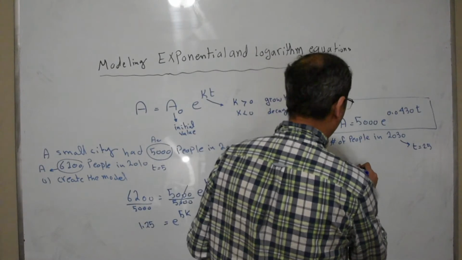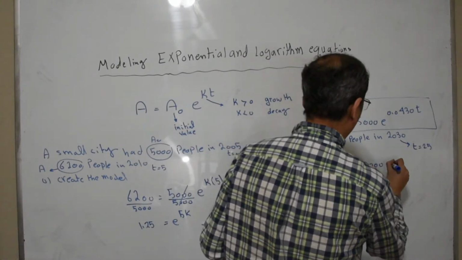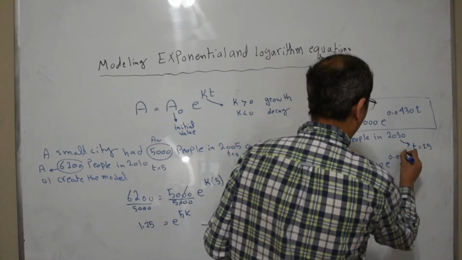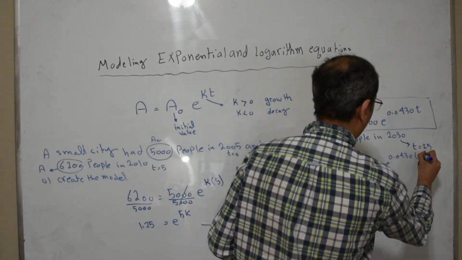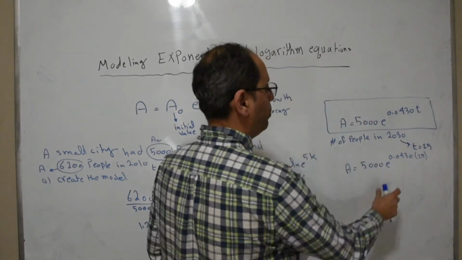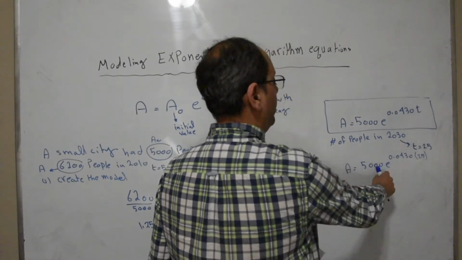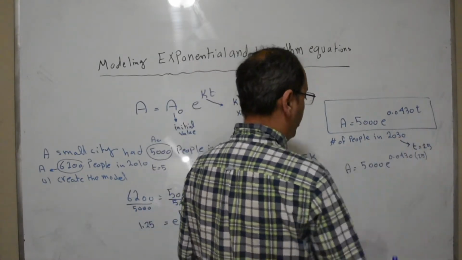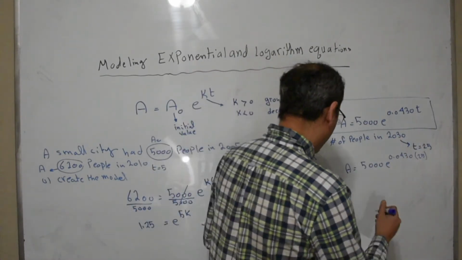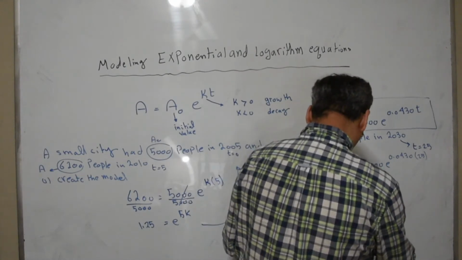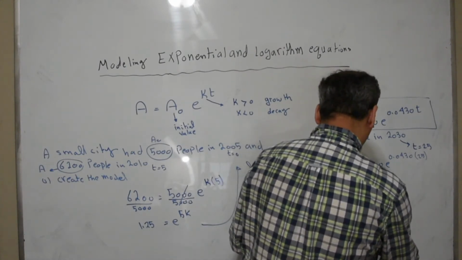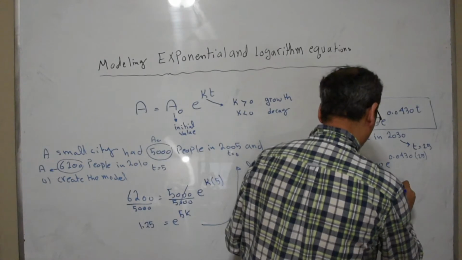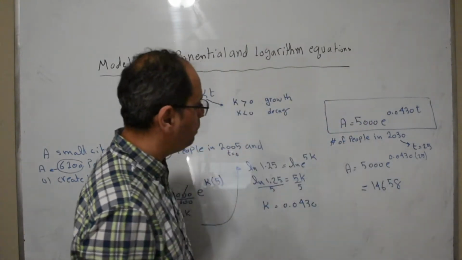So A is 5,000 e to 0.0430 times 25. So we multiply these two and raise e to it, and then multiply by 5,000, and rounded you get 14,658. Okay?